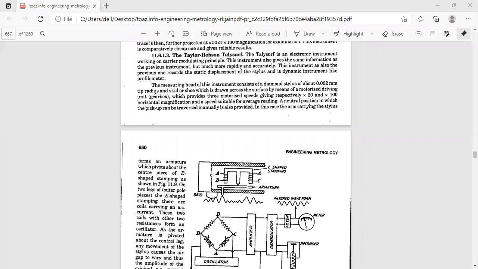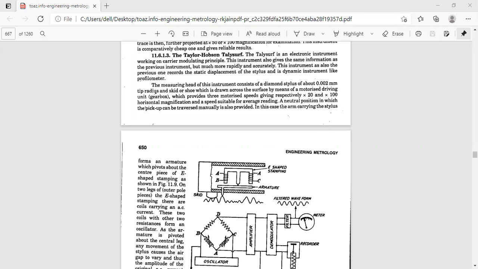So that is the thing, and these are the components of the Taylor, Hobson, Talisurf. In the neutral position, the pickup can be traversed manually. That is the static movement.